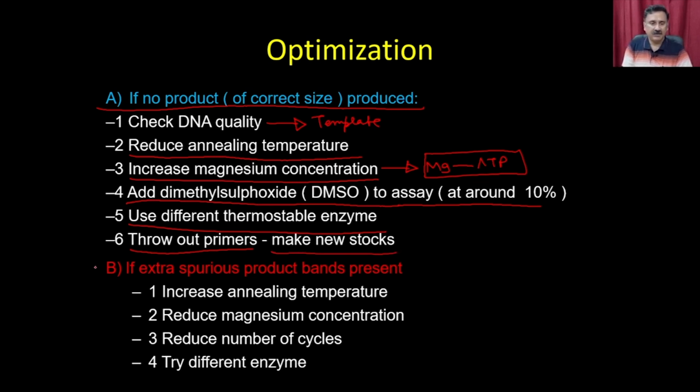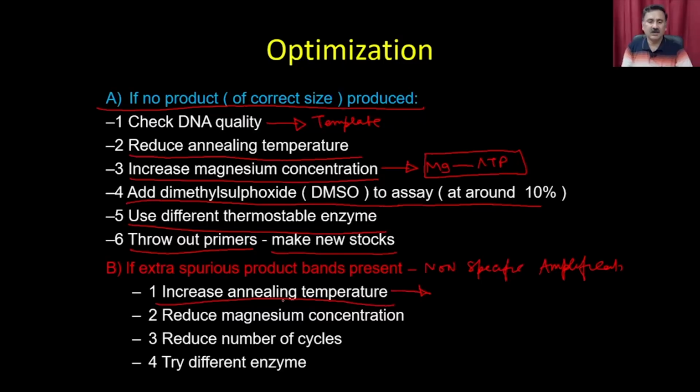The second condition is if you are getting non-specific amplification. Then you have to increase the annealing temperature. If you increase the annealing temperature, it is only at the points where you have specific interactions that it is going to work. You can reduce the magnesium concentration. If you reduce the magnesium concentration, the Taq DNA polymerase is not going to work optimally, and that's how it is going to work only with those templates where the interaction is very strong.